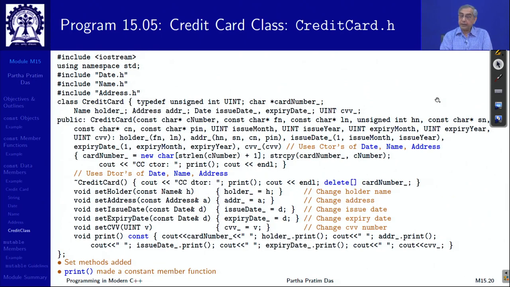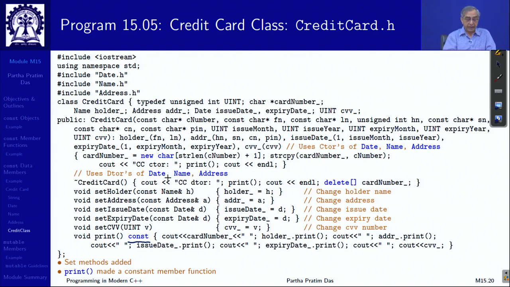So, finally, the credit card class. The credit card class has again the same type of changes. Print is made const, you have the total credit card constructor, and with this you will be able to construct any credit card information.